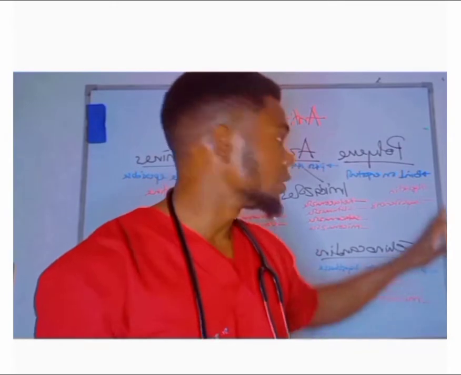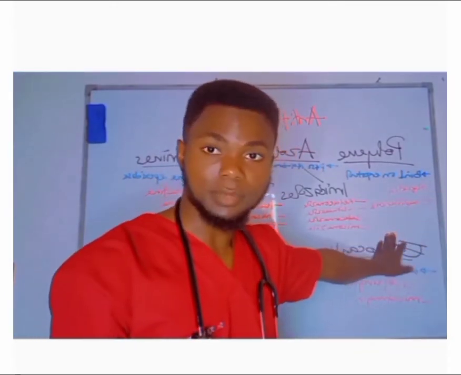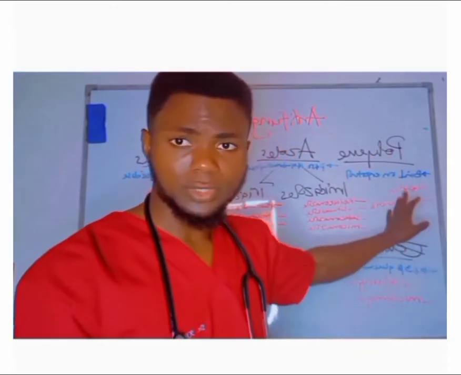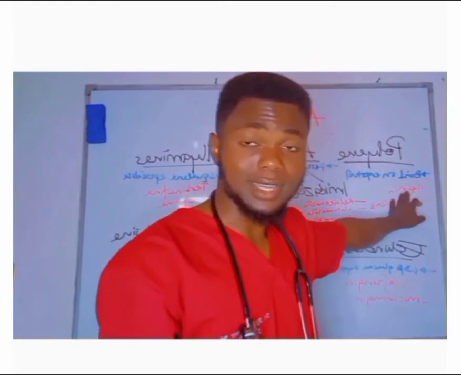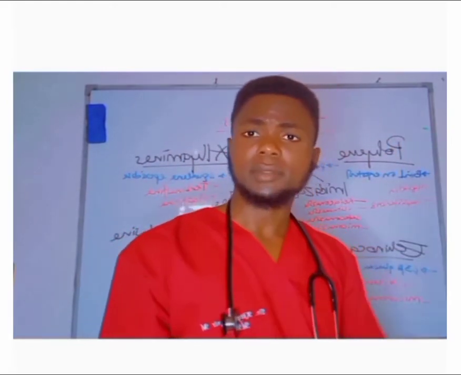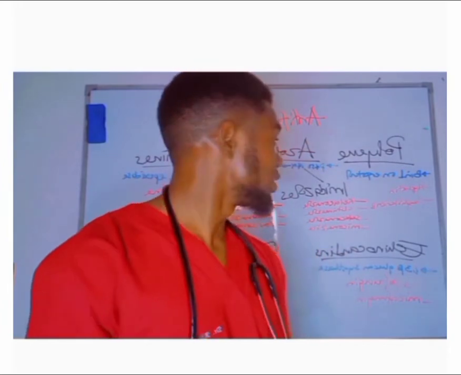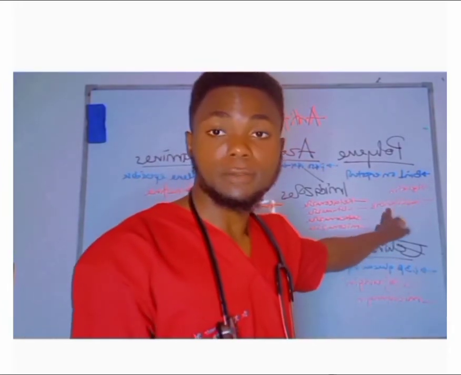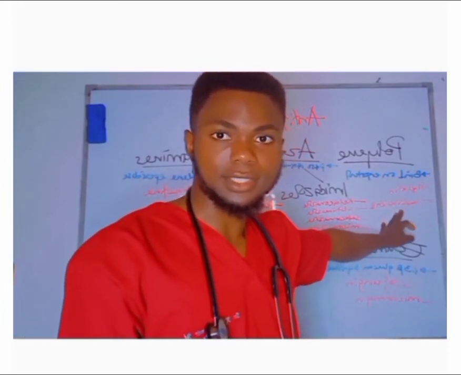It will break it and cause it to die. Examples are nystatin and amphotericin B. Nystatin we can use for oral candidiasis, and amphotericin B we can use for cryptococcal meningitis associated with AIDS and other conditions like systemic fungal infections.